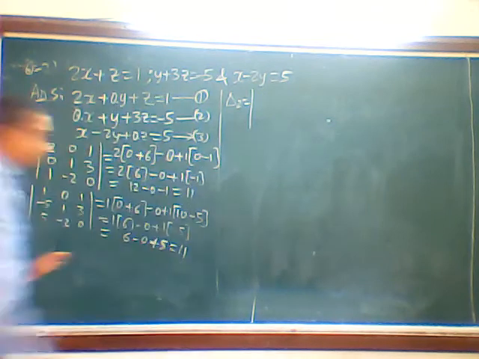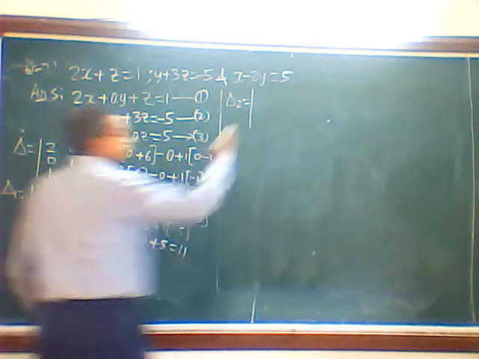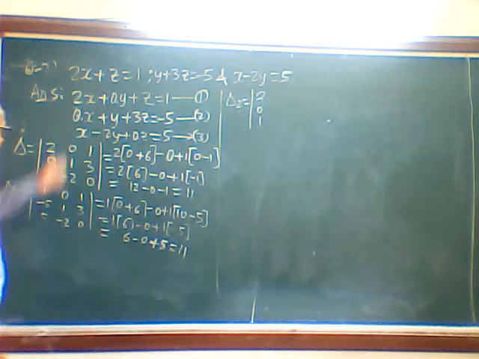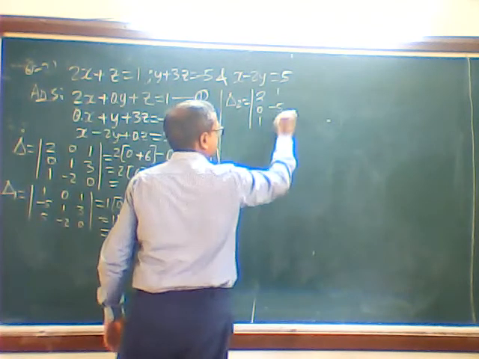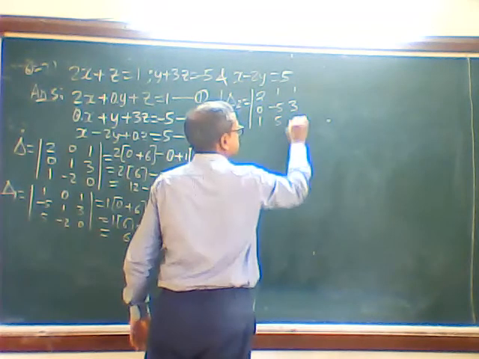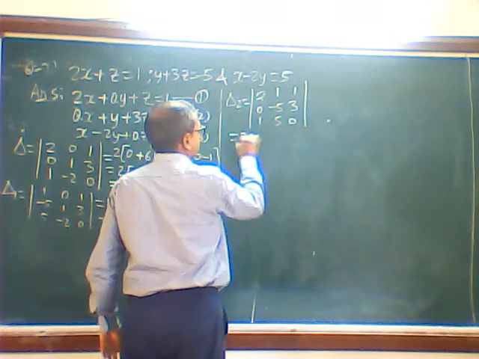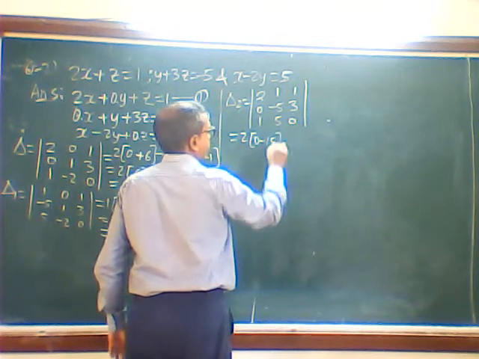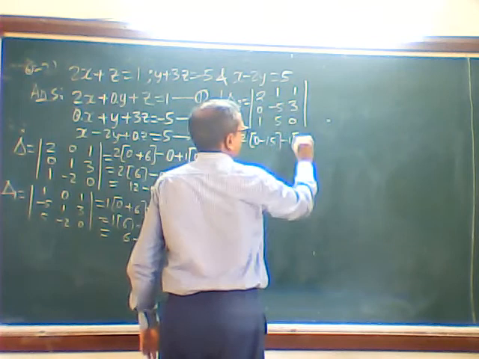Delta 2. Again you come to delta. First column as it is, 2, 0, 1. Since it is delta 2, the second column will be replaced by 1, minus 5, 5. Next the third one is 1, 3, 0. Minus 5 into 0 is 0. Minus 15. Minus 1. 0 into 0 is 0.